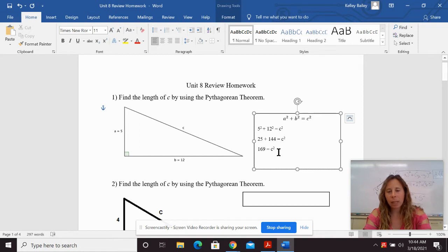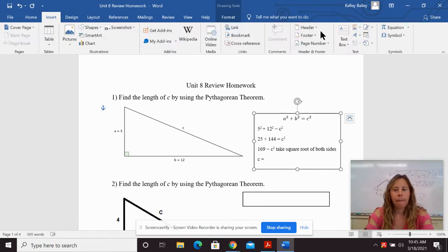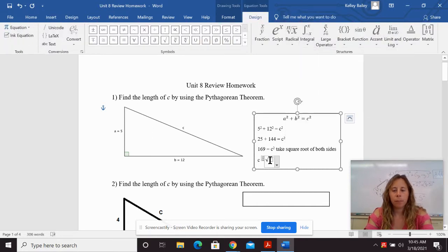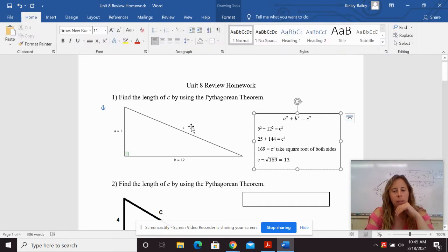Your last step is to take the square root of both sides. That cancels out your squared, so you get c equals the square root of 169. And that actually is a perfect square. It's 13. So c equals 13.